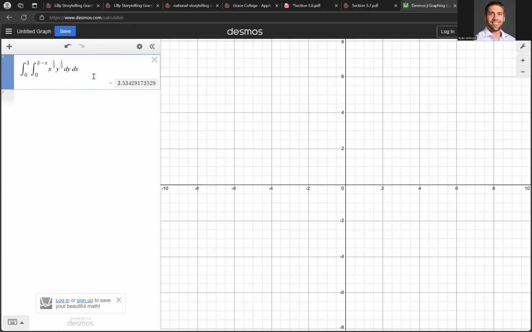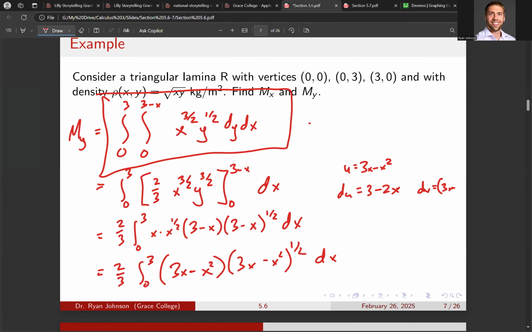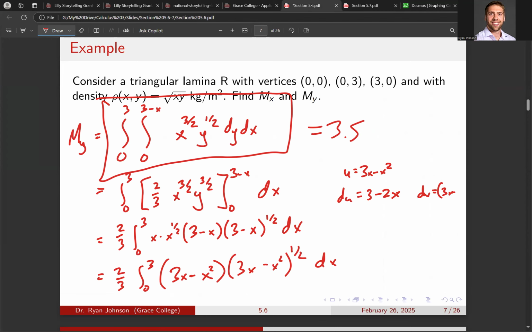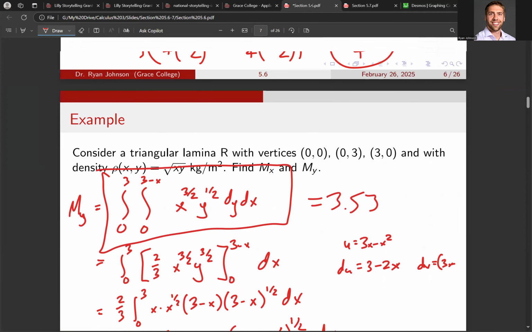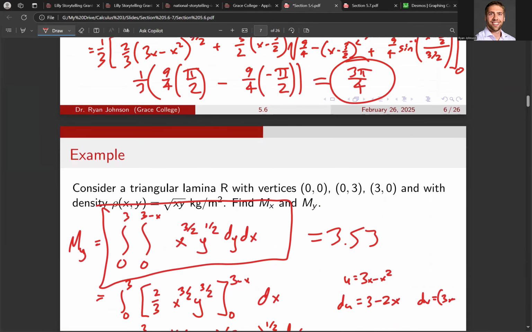All right. So 3.53 equals 3.5353. And then 3.53 divided by 3 pi over 4.